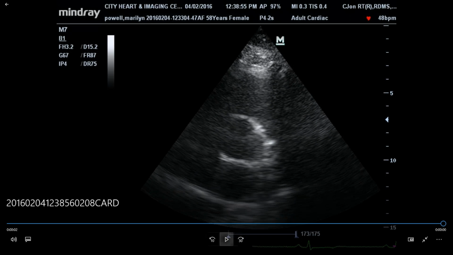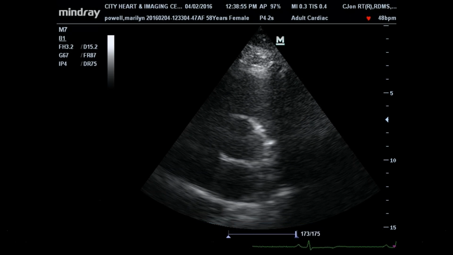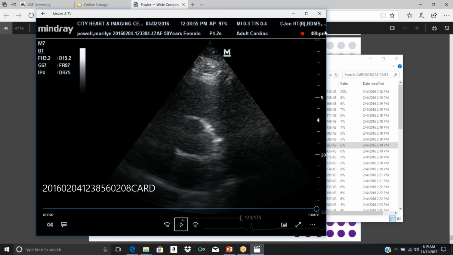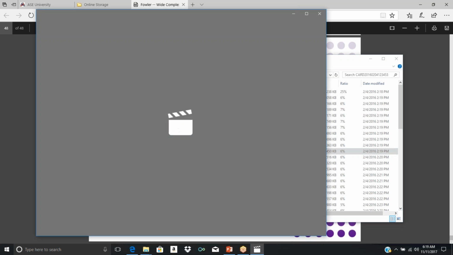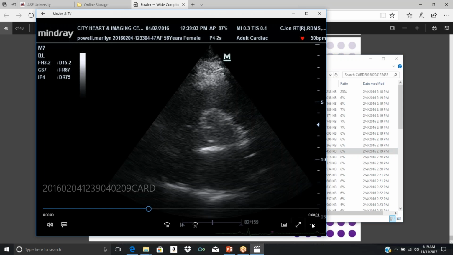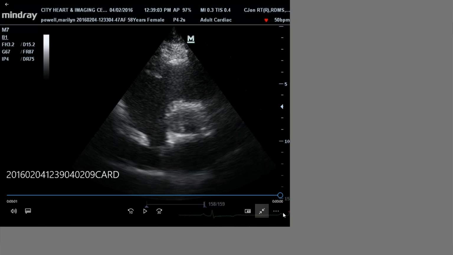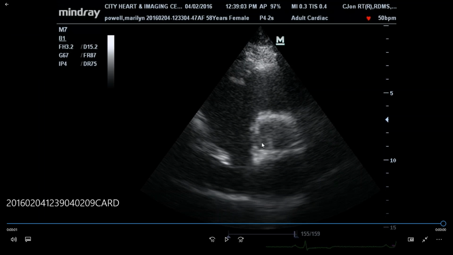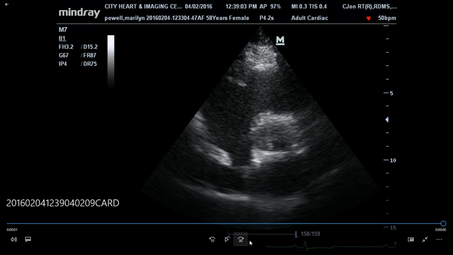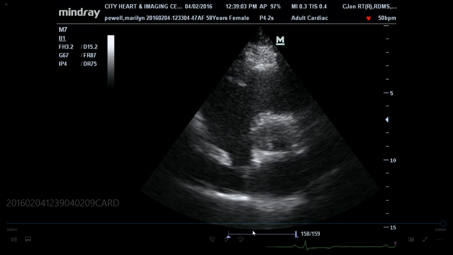Okay. So if you look closely, you can see that your aortic valve, when it opens, you can see that there are three cusps.